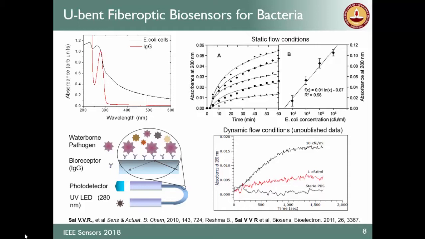If you send 280 nanometer UV light, and the bacteria comes and binds through a bioreceptor specific to a bacterium, you start seeing an increase in absorbance as more and more bacteria come in. It has been demonstrated some time ago under static conditions, and under fluid dynamic conditions also we see that we can go down to 10 CFU per ml.